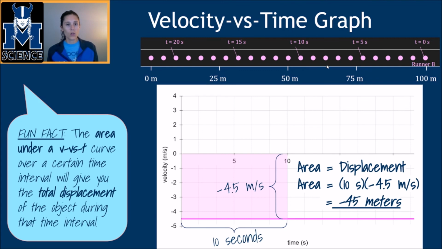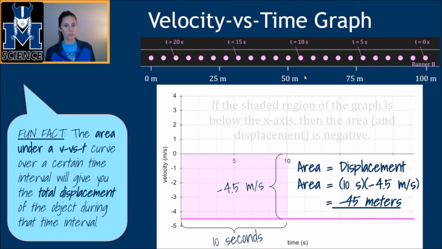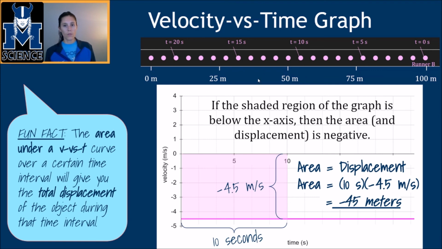Okay, so your displacement can also be negative. And that area can also be negative if the velocity is negative. Okay, so that's what I say right here. If the shaded region of the graph is below the x-axis, then the displacement or the area is negative.